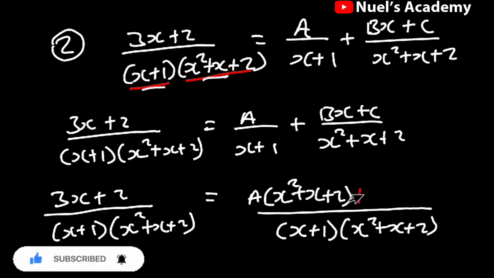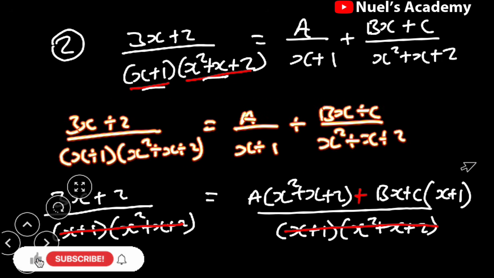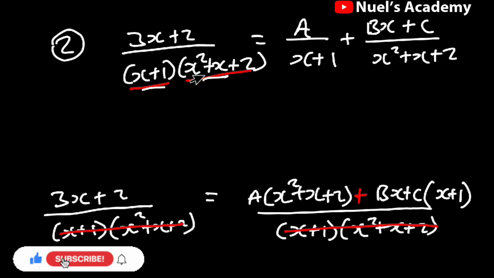So you have plus, all of this divided by this, we're going to be left with (bx plus c) multiplied by (x plus 1). Alright, so all of this and all of this will cancel because they are equal.